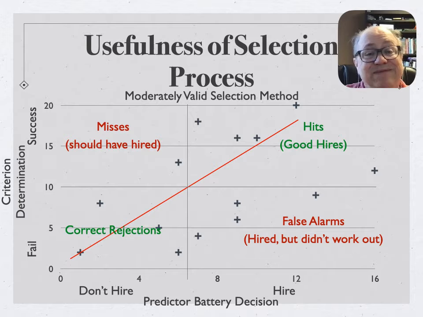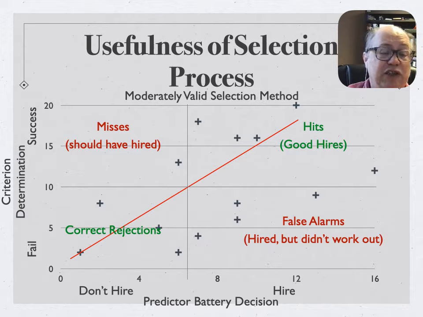Well, oops, we've hired people and spent the money on hiring, training, and all the rest, and then we had to let them go, or they quit maybe. Sometimes people, if they're not doing well on a job, often aren't very happy on it either, and they look for something else. But what we want is the green areas, the hits and the correct rejections, to both be where the predominance of our decision making lands if we have a good, valid selection method.